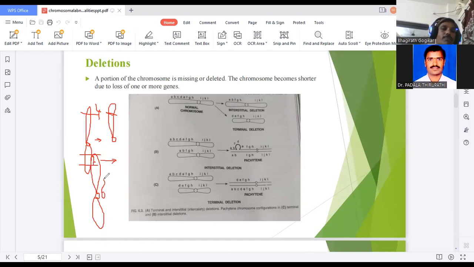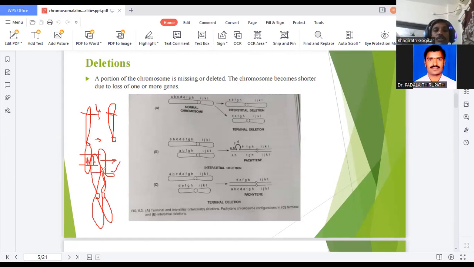The deleted part leaves a loop-like structure in the homologous chromosome. For example, this part is removed in one chromosome only. In the other homologous chromosome, that part forms a bubble-like projection due to the missing homologous part.